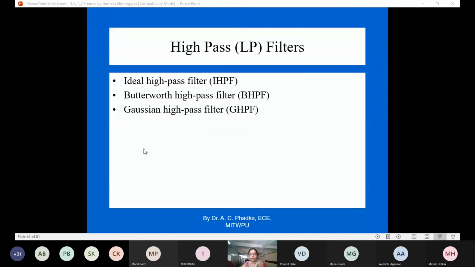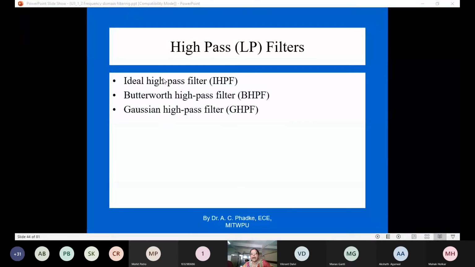Okay, now let us have a look at various types of high pass filters in the frequency domain. Like the ideal low pass filter, we have the ideal high pass filter. Similarly, like we have the Butterworth low pass filter, we have the Butterworth high pass filter, and we also have a third type, that is the Gaussian high pass filter.